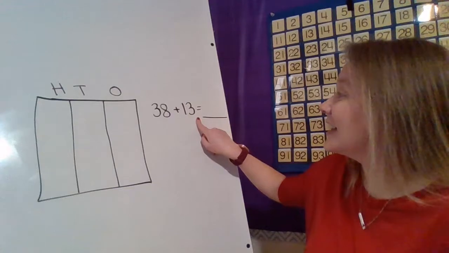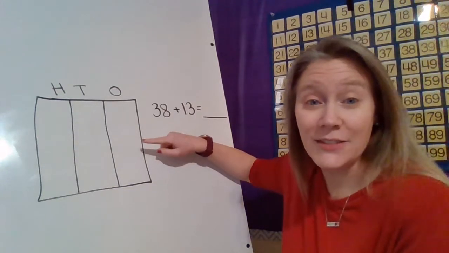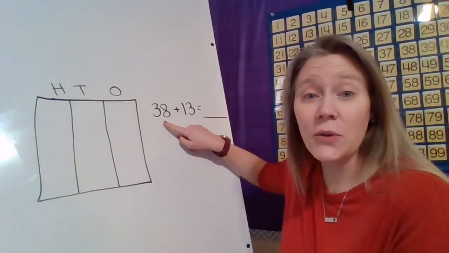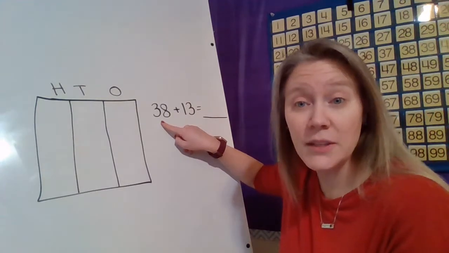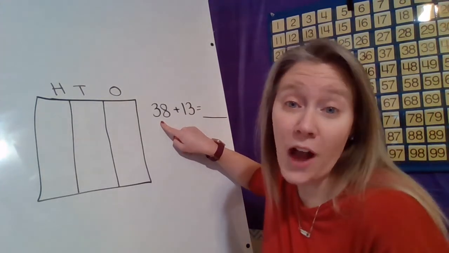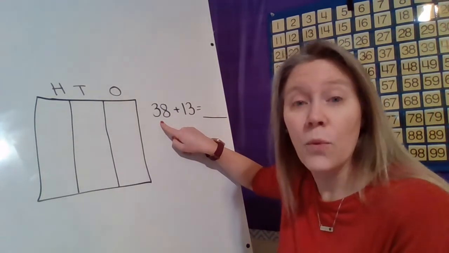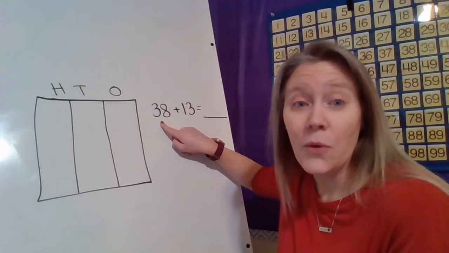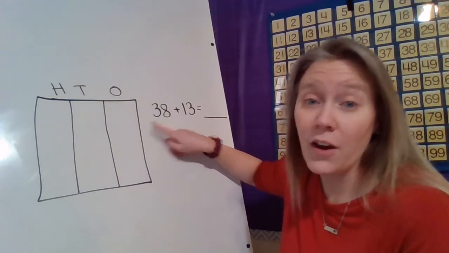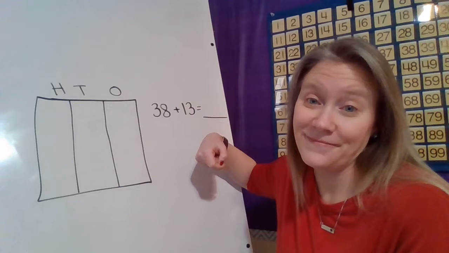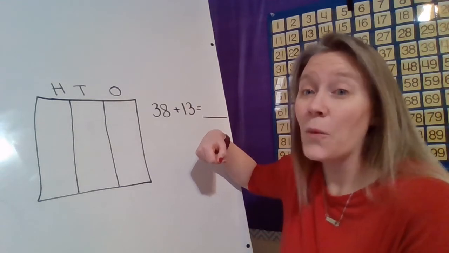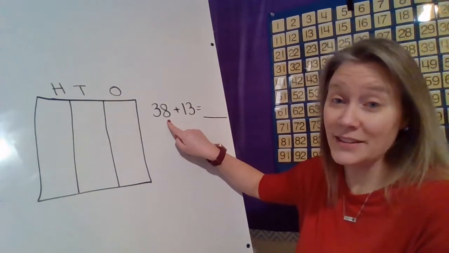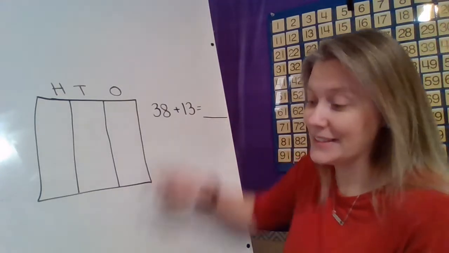When we have an equation like this and are modeling it on our place value chart, the first thing we need to do is draw our first number using place value discs. So before I draw it, I want you to think, what does 38 look like when we draw it on our place value chart? We're going to draw 8 ones and 3 tens.